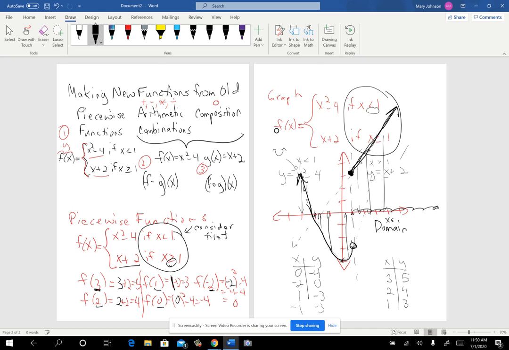And even at 1, we have a point up there with a filled in dot, so that an x of 1 also has a corresponding y value. So all the way, not stopping there, because this keeps going, doesn't it? So it's going to be all the way from negative infinity to positive infinity for the domain on that one, okay, with the way I have this set up, okay?